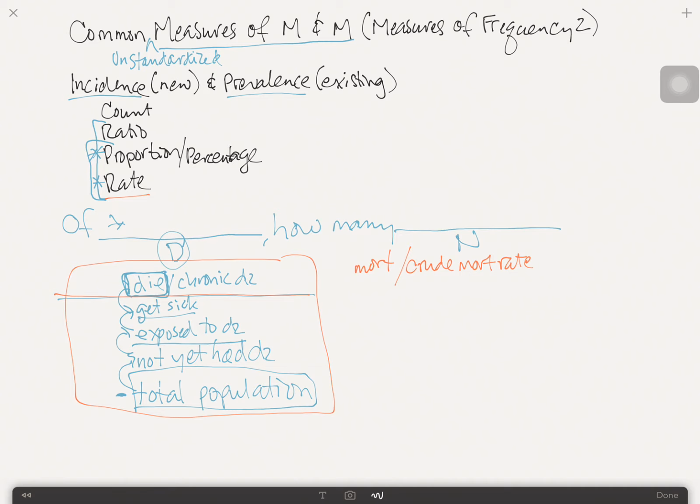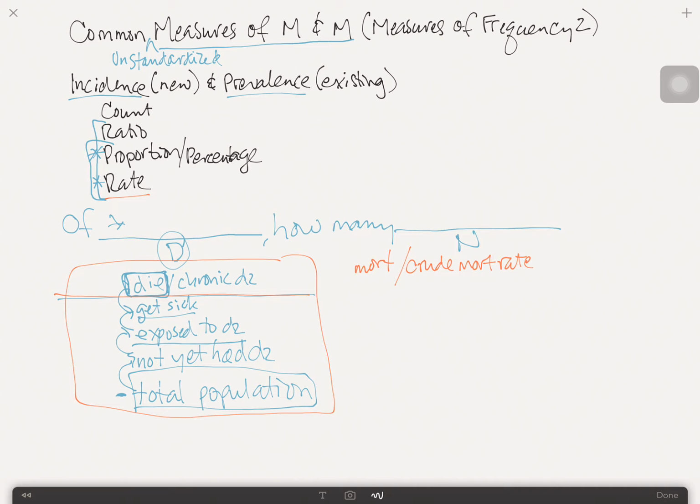We may not be calculating the person time for each individual, but we may be estimating that by using the number of persons at mid-year as the persons at risk. And so again, we're really struggling sometimes with that denominator data, but we're trying to get at something that is a rate.